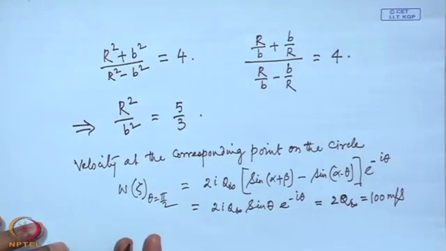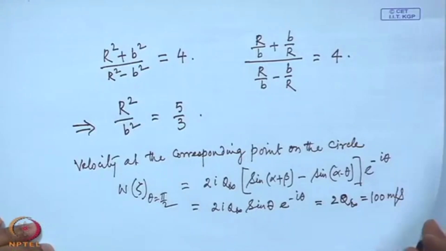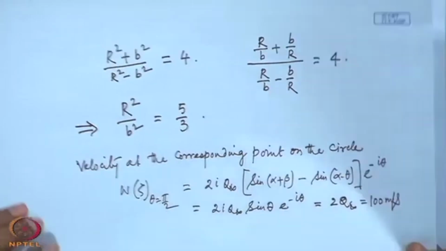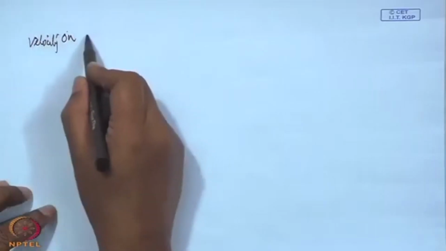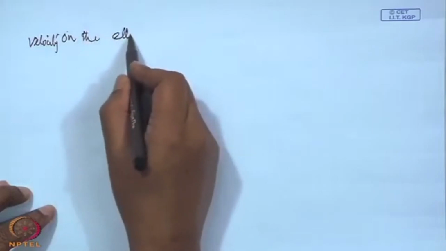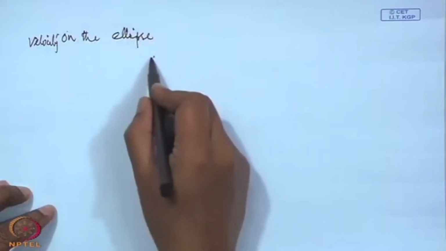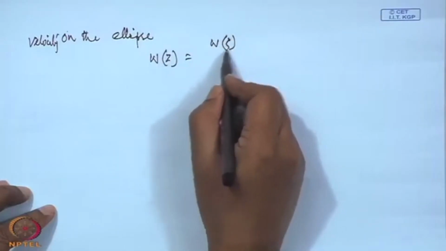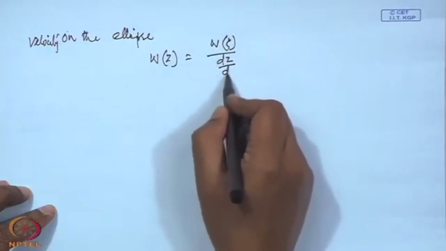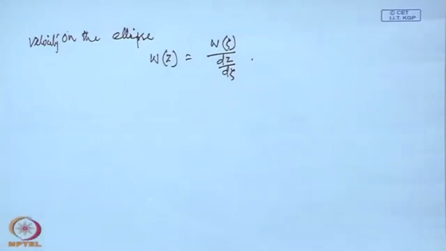This divided by dz d zeta at theta equal to pi by 2. So, what we need to find is dz d zeta at theta equal to pi by 2.